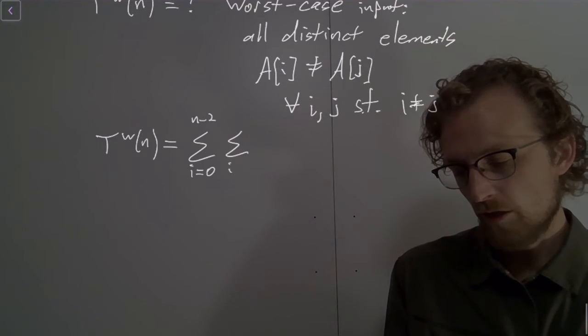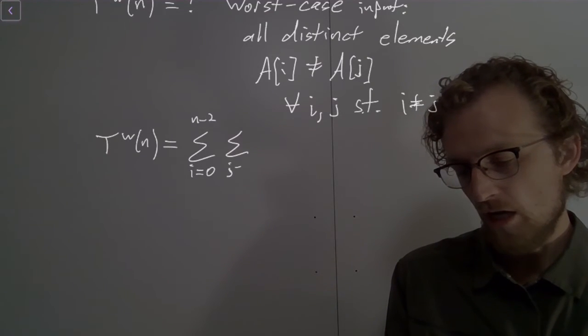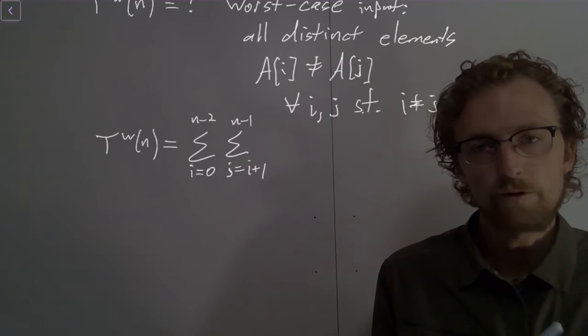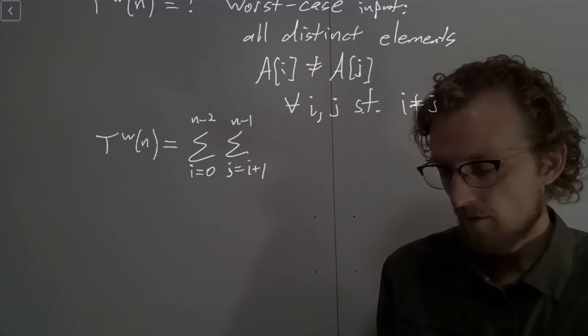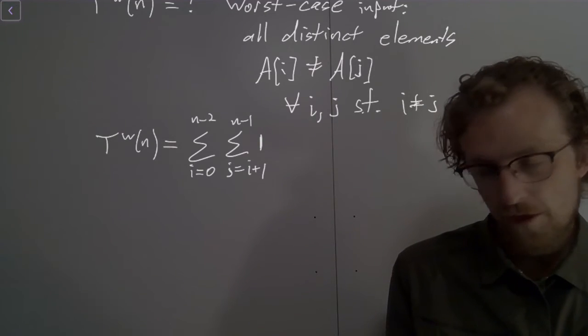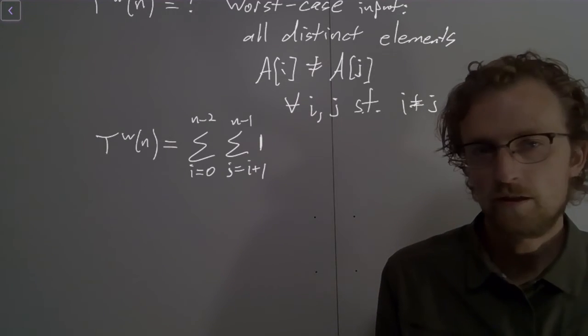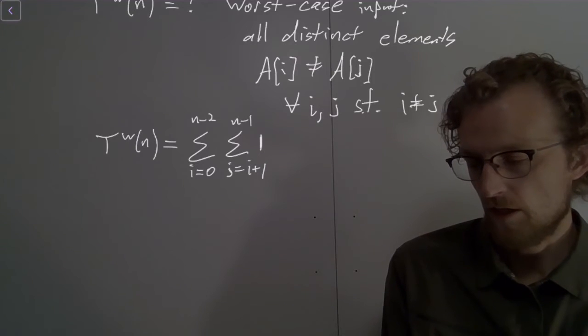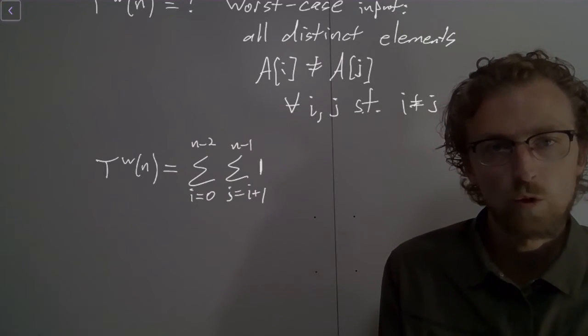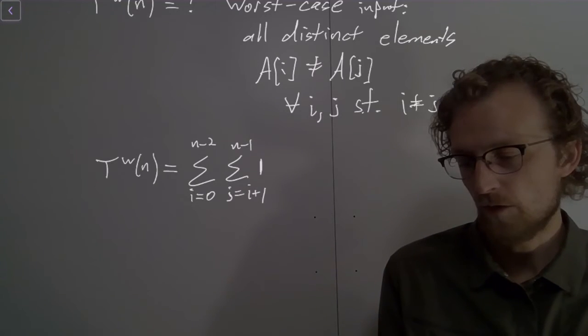Our inner summation starts at j equals i plus 1 and goes up to n minus 1. And then every iteration of the inner loop, we get one comparison. So this expression right here is the mathematical expression for the worst case number of comparisons for this algorithm.